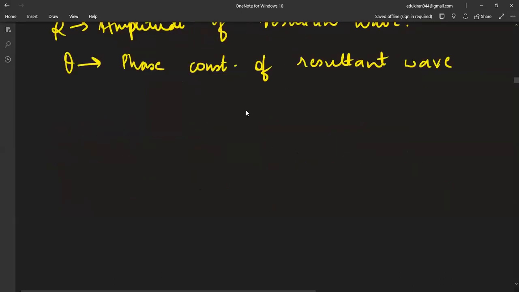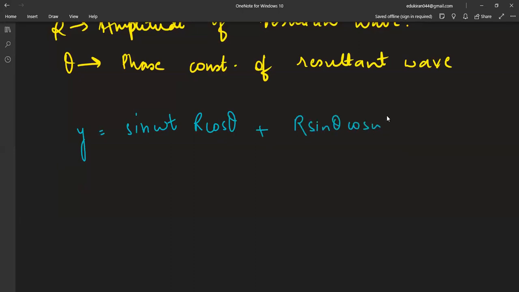Now, how will the final answer be? y is equal to sine omega t times R cos theta instead of that entire term, plus R sine theta cos omega t. Now, I am taking the resultant R as common: R (sine omega t cos theta plus sine theta cos omega t).